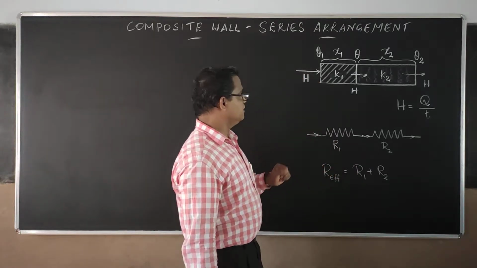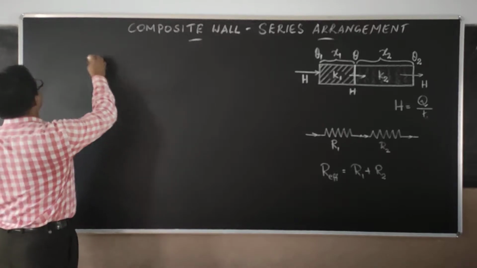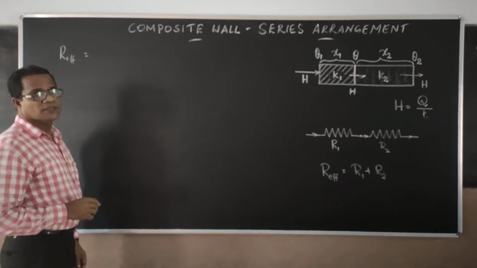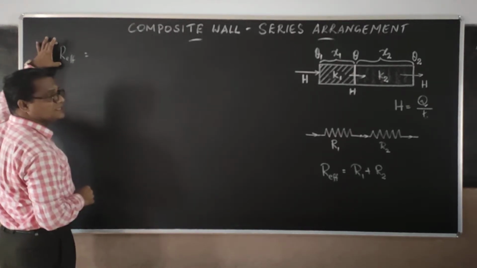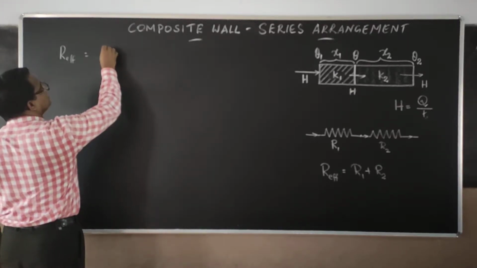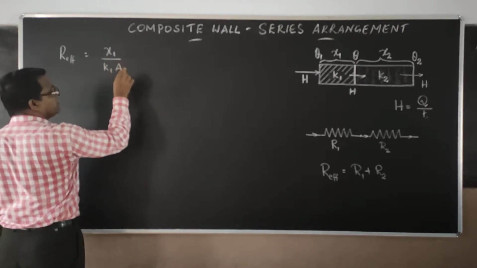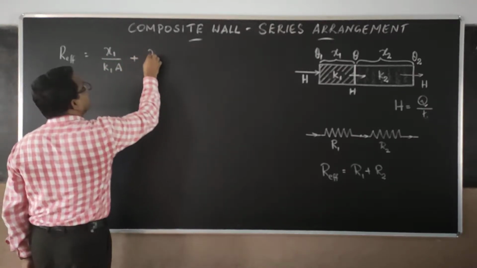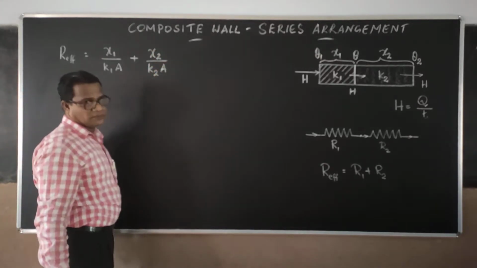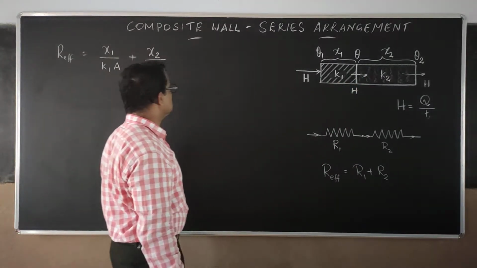Then, from the equation for thermal resistance, I am taking R for thermal resistance, so R effective will be equal to X1 by K1 A plus X2 by K2 A. So both the slabs are in series; the resistances are coming in series.